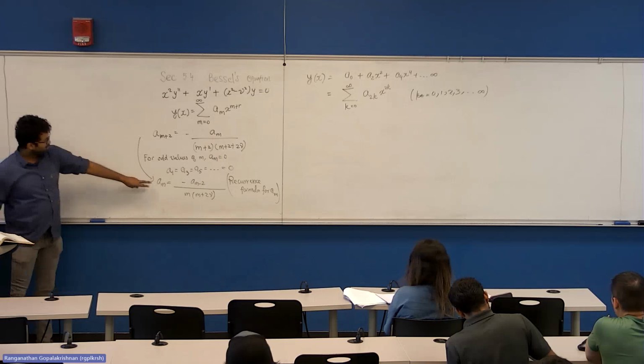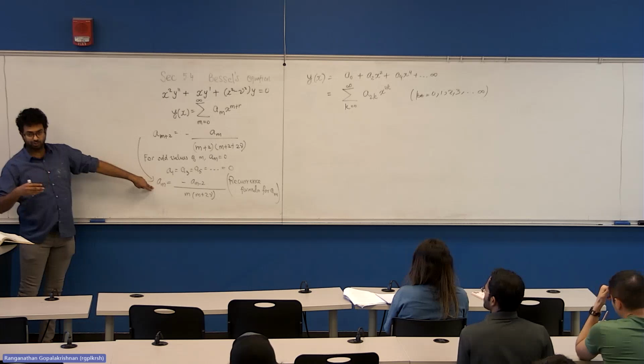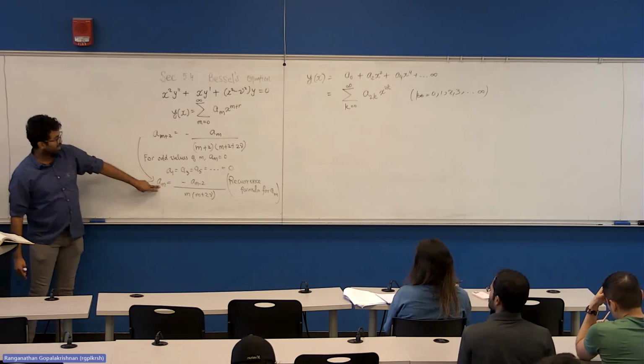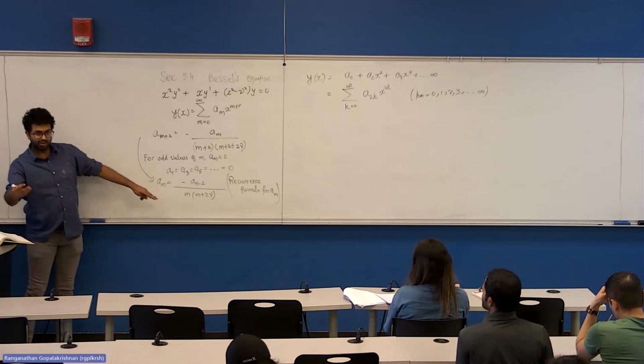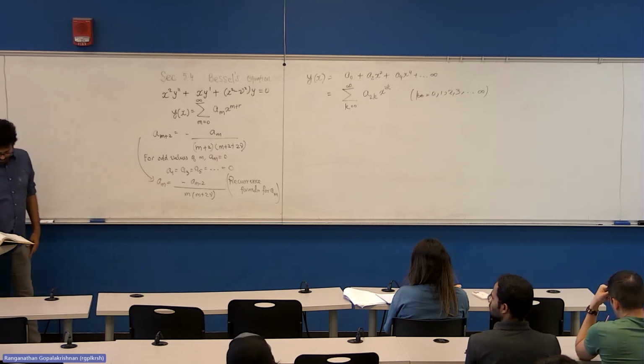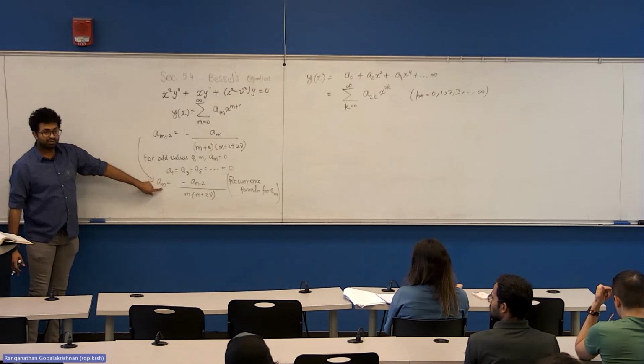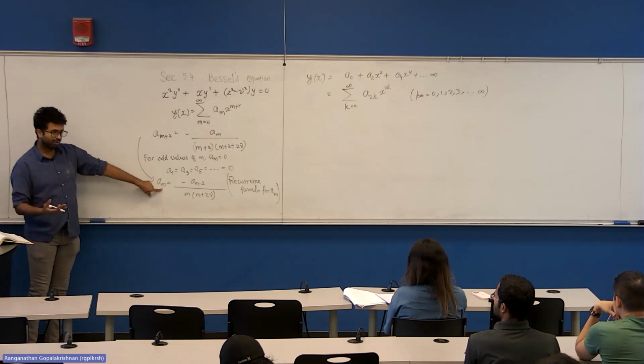So we want to write this in terms of a counter or an index which takes values 0, 1, 2, 3 instead of it taking only even values of m. Okay. So for that we are going to write.